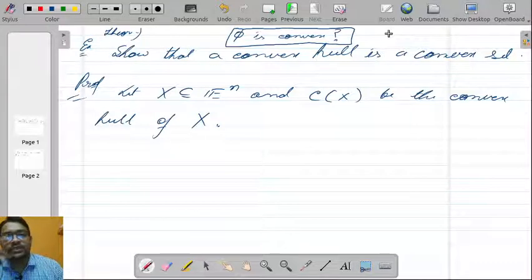But that is never possible. We can never find 2 points inside phi, because phi is an empty set. So we cannot argue that phi is not convex. So phi has to be convex.